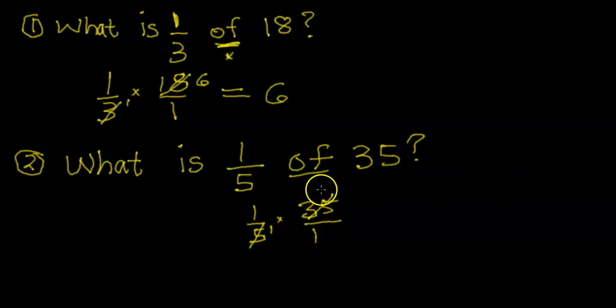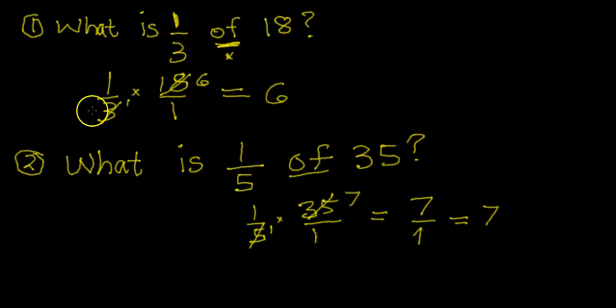Common factor between the numerator and denominator is 5. So 1 times 7 is equal to 7. 1 times 1 is equal to 1. We can leave the 1 alone. So here we can see that 1/5 of 35 is 7.